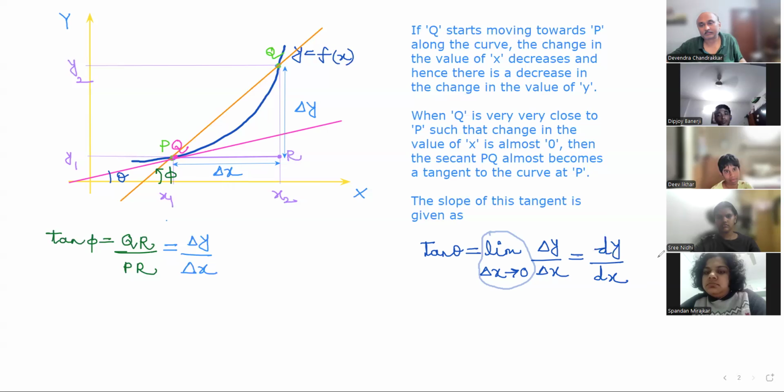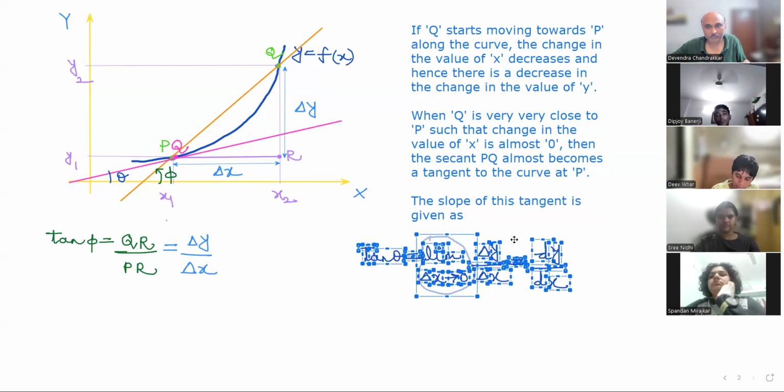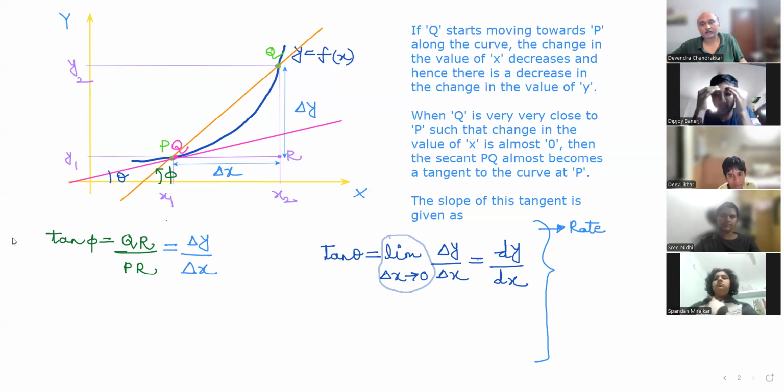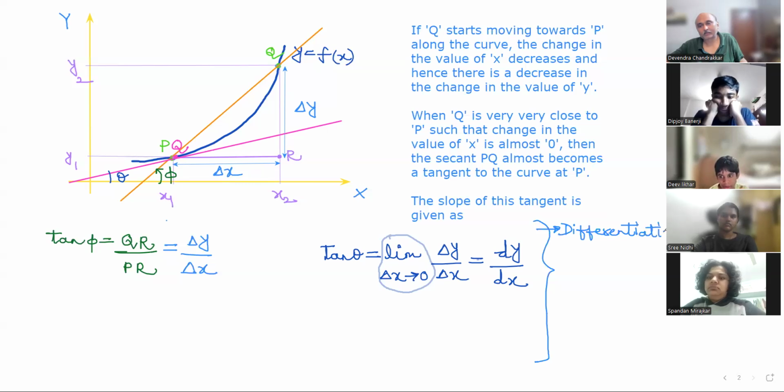How do we read this? First of all, this is called differentiation of y with respect to x.